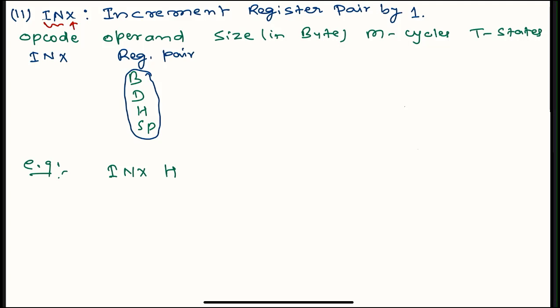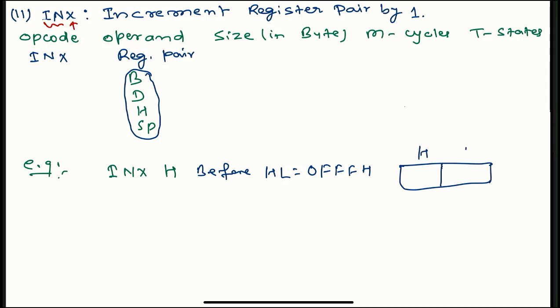Let's say before execution of this instruction, we assume the HL content is 0FFFH.